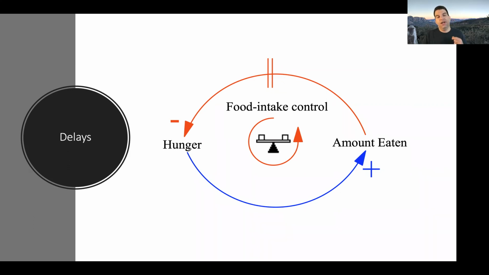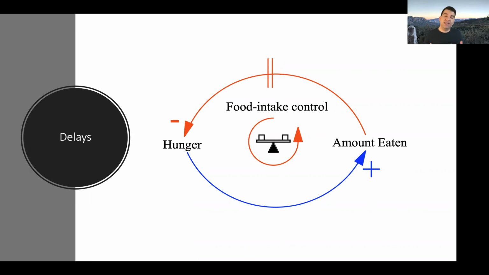But although my hunger almost immediately makes me want to eat, as I eat, I don't immediately relieve my hunger. So there is a delay in this link back here. And that delay can generate all sorts of interesting consequences. So this is a big reason why you might overeat.